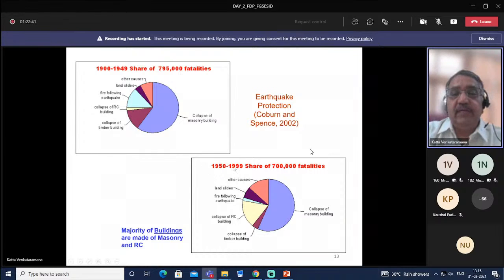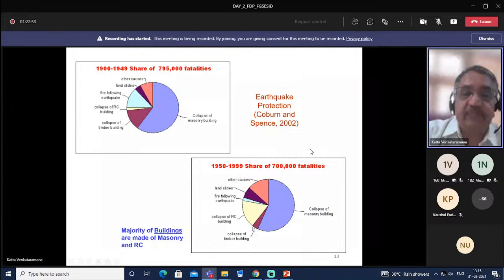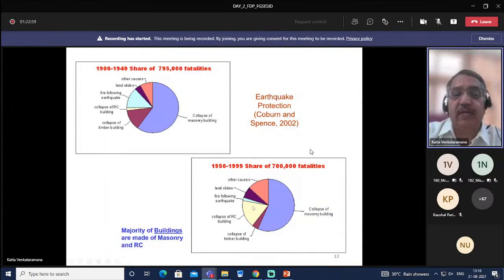And if you look at the data from 1950 to 1999, still a major portion of fatalities is due to collapse of masonry buildings. The number of timber buildings may be less compared to the earlier period, but RC buildings have increased. So damage due to collapse of RC buildings has also increased.